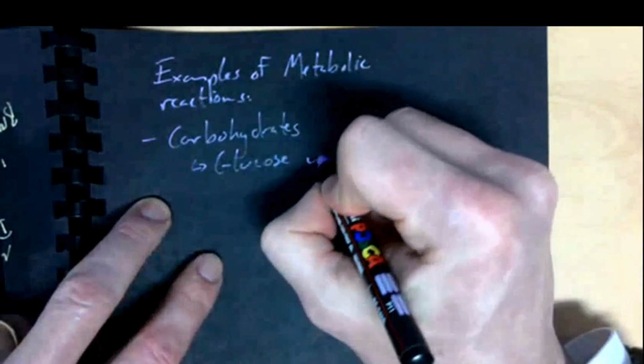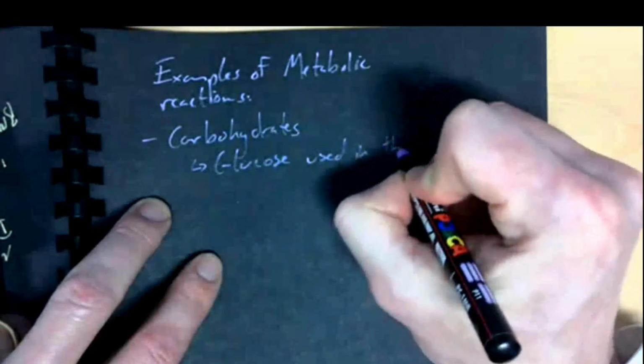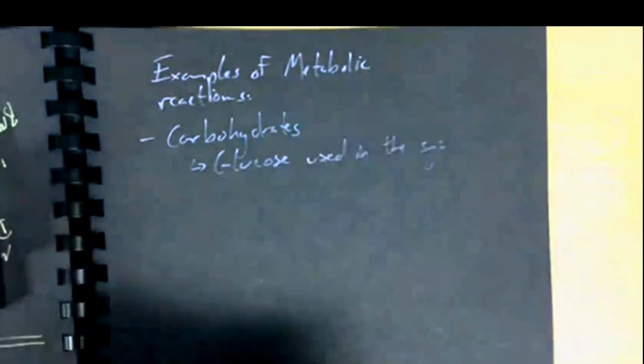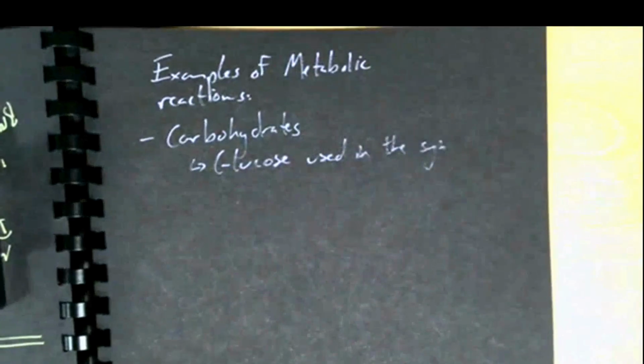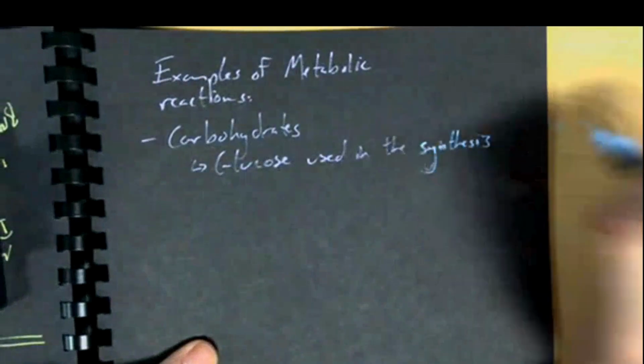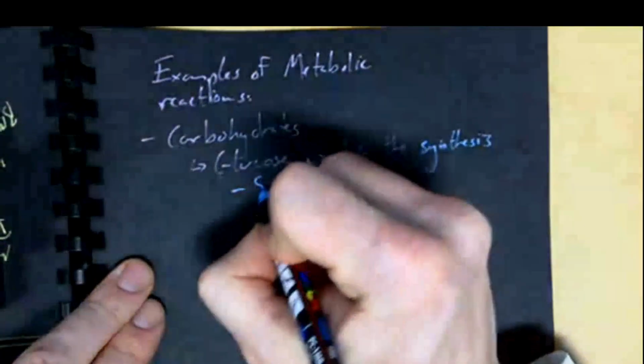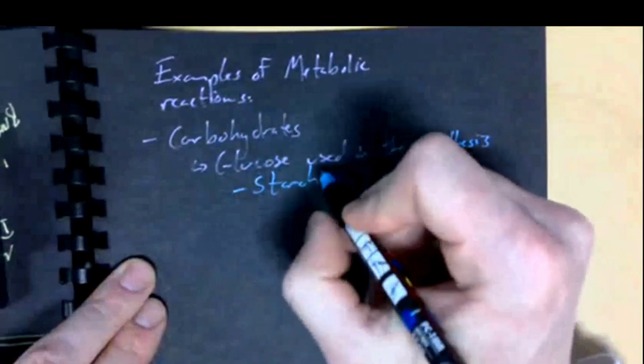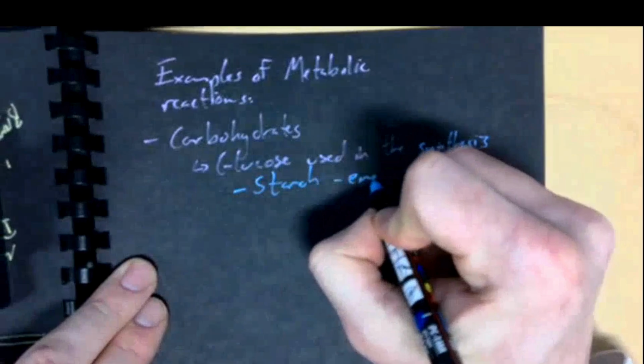Glucose is used in the synthesis of starch, which is energy storage in plants.